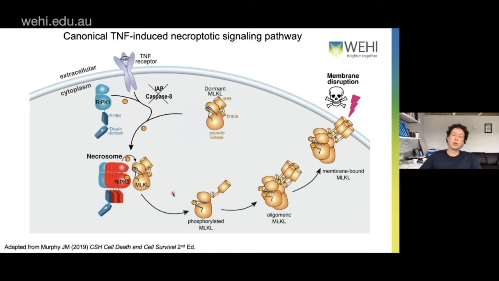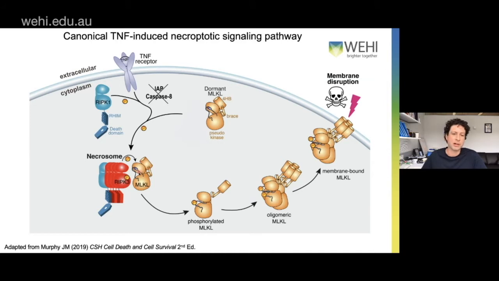The canonical form of necroptosis, so the form of necroptosis that is most widely studied and best understood, is TNF-induced necroptosis, and that's the type of necroptosis that we primarily study in the lab. So an abridged version of TNF-induced necroptotic signaling is shown here, and I've back-ended this, so I've looked very much at the terminal stages.